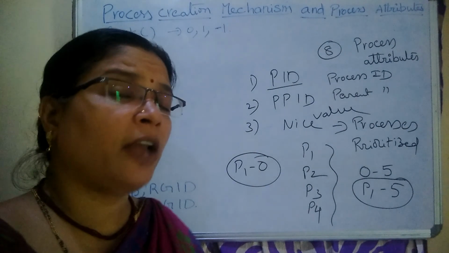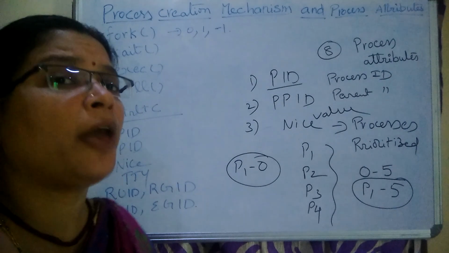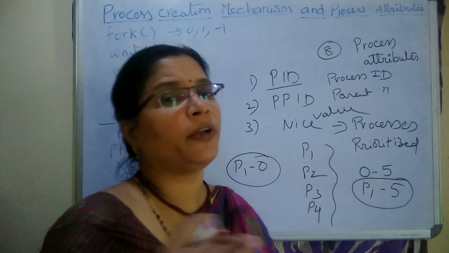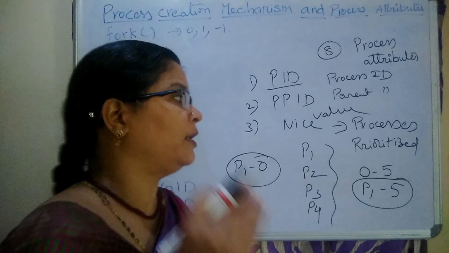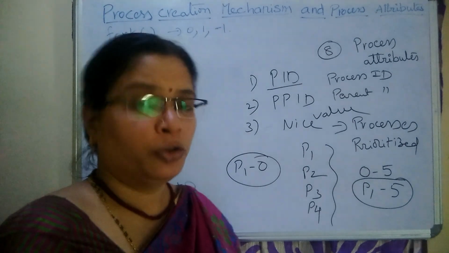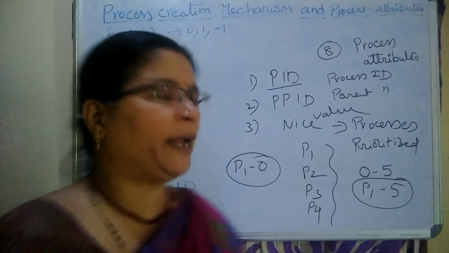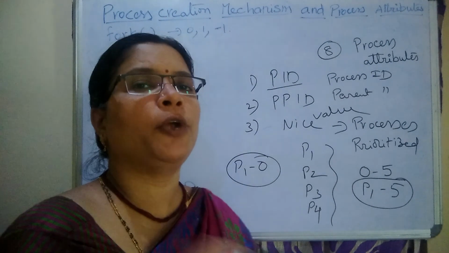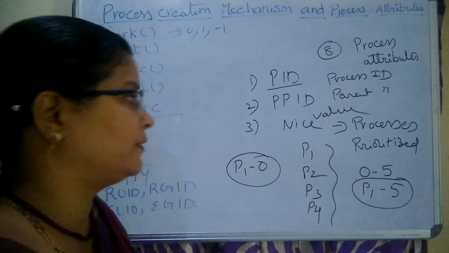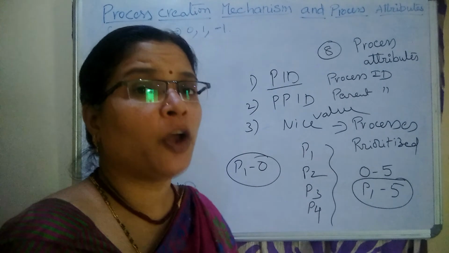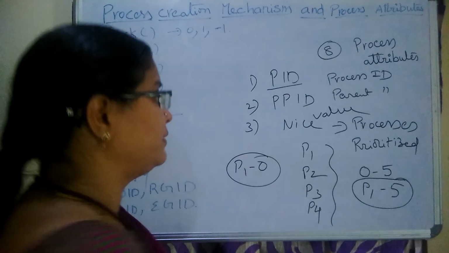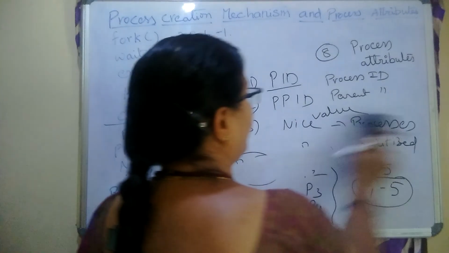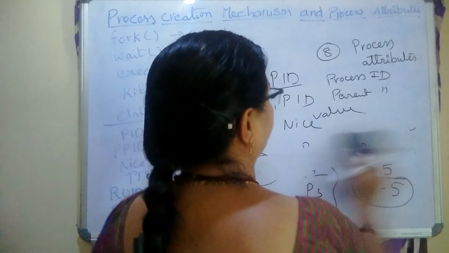The nice value 5 means the highest priority, 4 is also a high priority, 0 means lowest priority. So for each and every process we should maintain the nice value. The nice command is the command which is going to prioritize the processes. Nice value means the process priority value. That is one more attribute of the process.